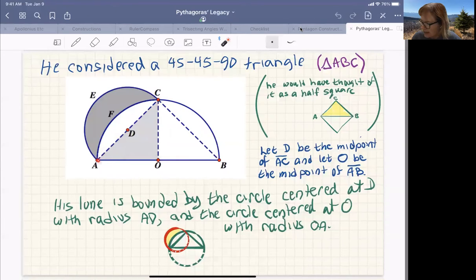So this is a semicircle centered at the midpoint of segment AB, and the radius of the circle is basically OA, OC, or OB. All of those are the radius of the semicircle. So basically he takes the little circle and subtracts the big circle, and then what's left is shaded in dark gray, and that is the lune that Hippocrates was squaring.